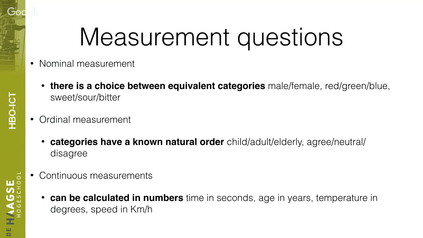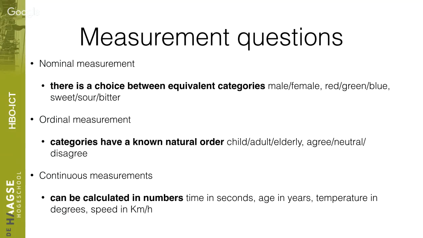And then we have ordinal measurements. Here we have categories that have a known natural order, but we don't know exactly how much the difference is between the different elements in this category. So we have a child, an adult, and an elderly person. If we have a child and an adult, what's the age difference between them?